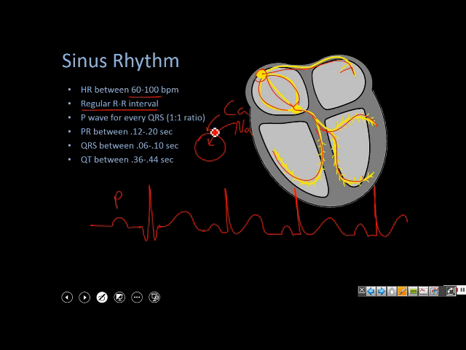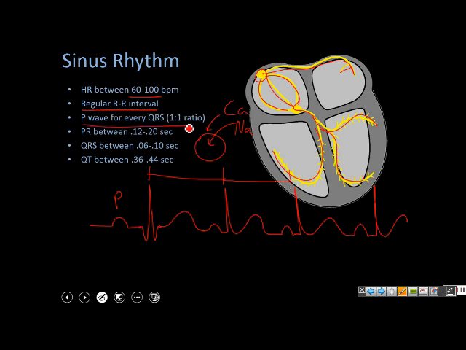Unless it's modified by your body, those cells reach that state of depolarization about the same time every time, and so it produces a regular rhythm. So your R to Rs should be pretty much evenly spaced.